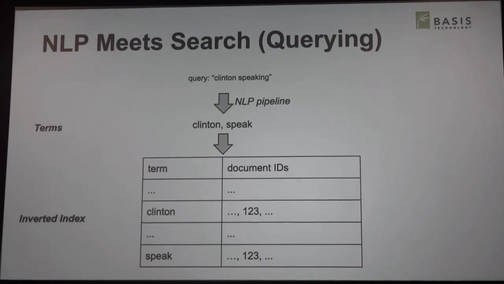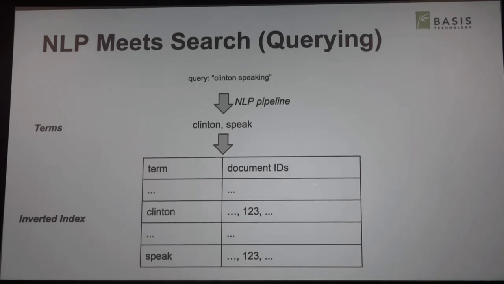So the first step is this NLP pipeline that takes text, whatever it is, raw, unstructured text. You might not know what language it's in. And it produces what I'm going to call terms or words. So this query, "Clinton speaking," might go through an NLP pipeline and produce the terms "Clinton" and "speak."